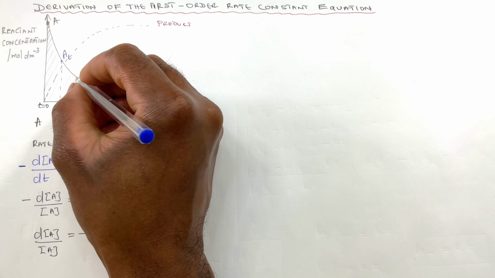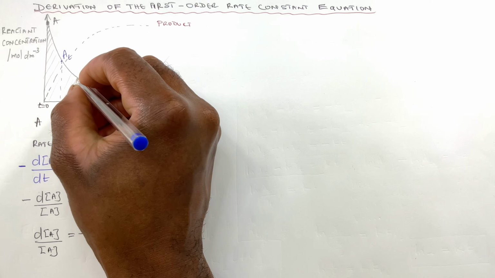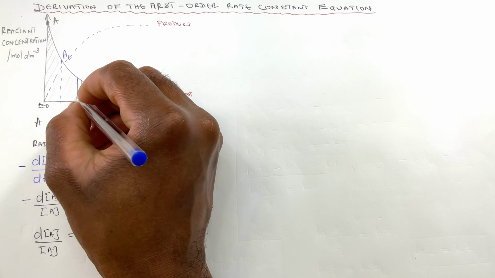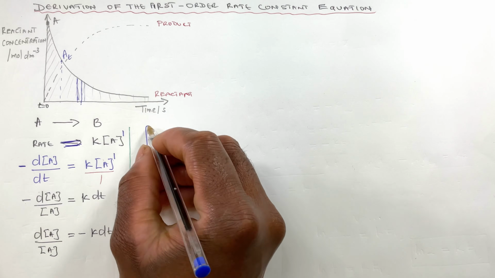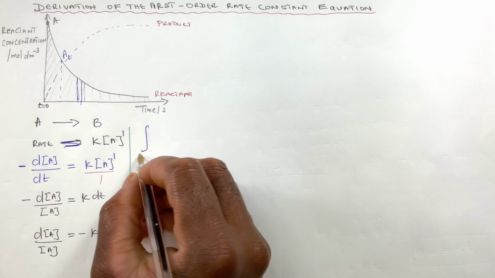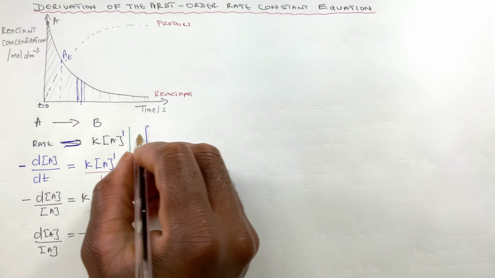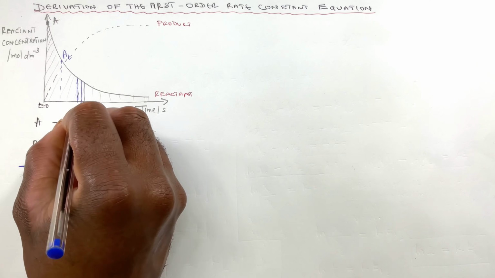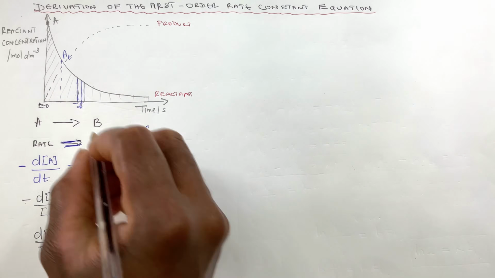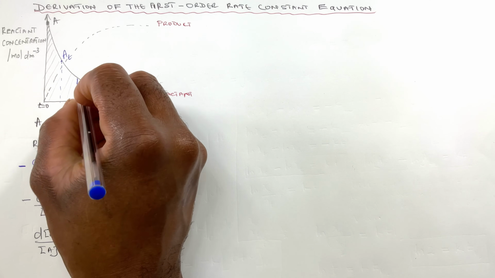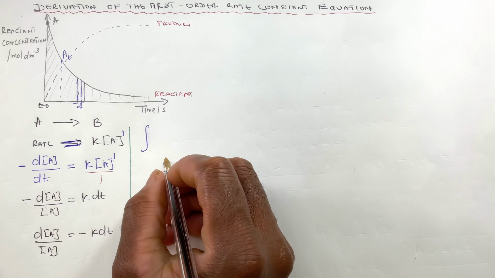If you can form a rectangle like that, and then we form lots of rectangles like that, that's what we're trying to do by adding all of them together. That means sum. And obviously that's the dt here, that little change in time, and that's your concentration of A.